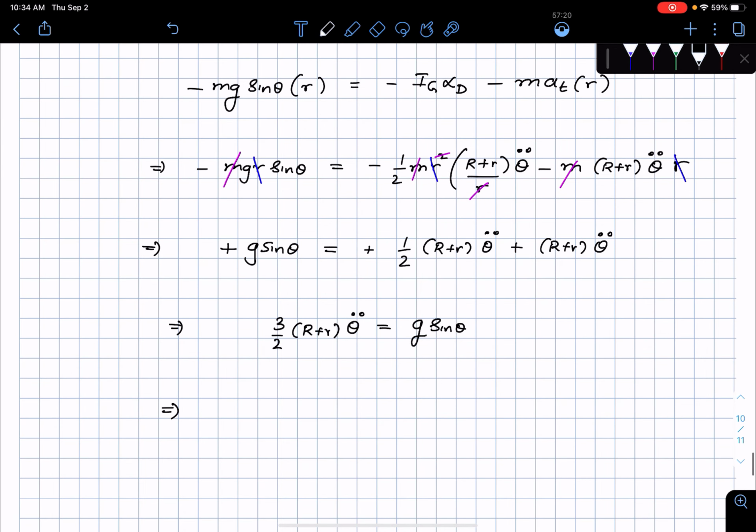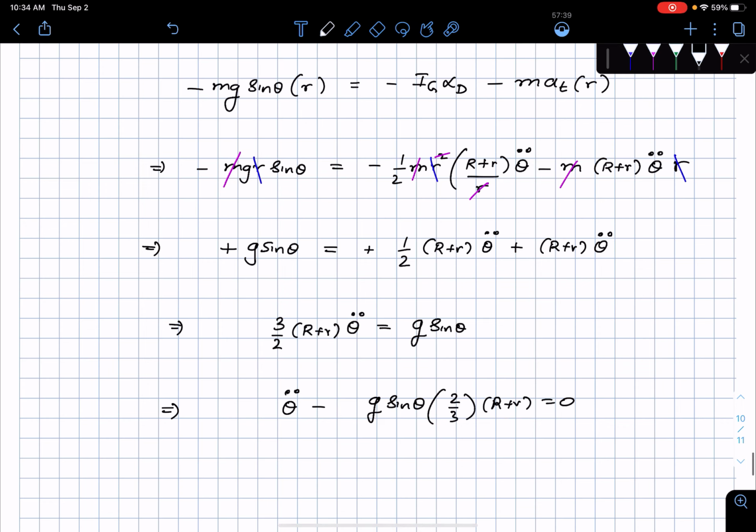If I write the equation of motion properly, this is going to be theta double dot, and then I'm going to bring this as minus g sine theta, and I'm going to have the factor of 2 by 3 times (R plus r).